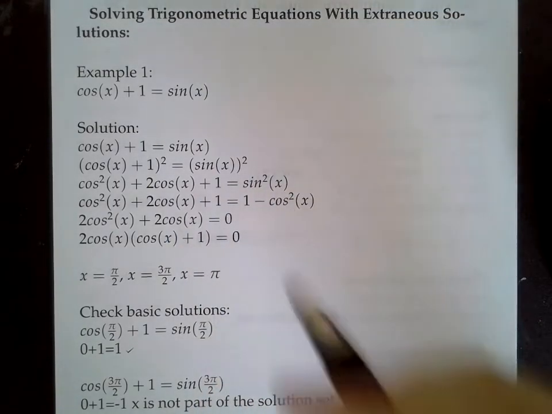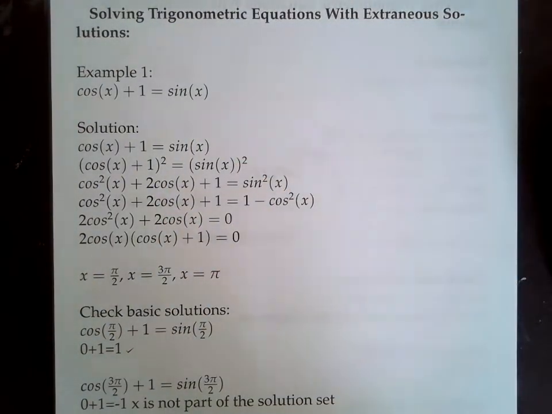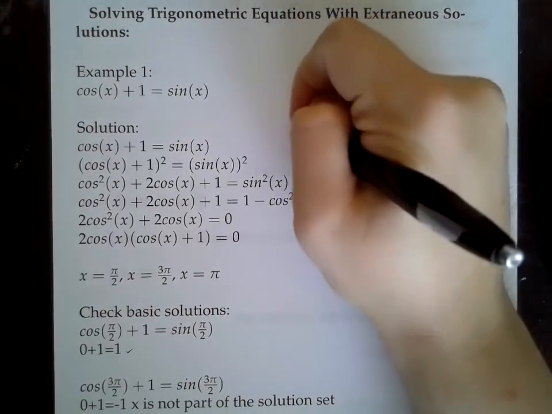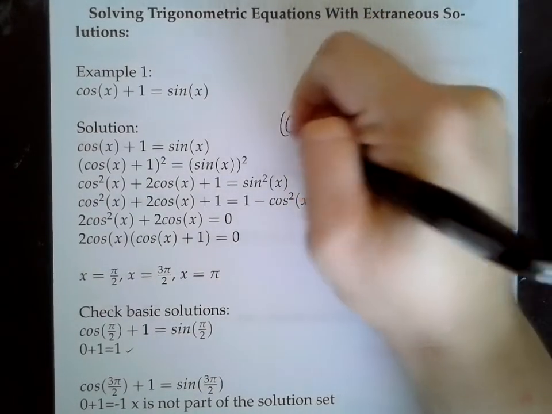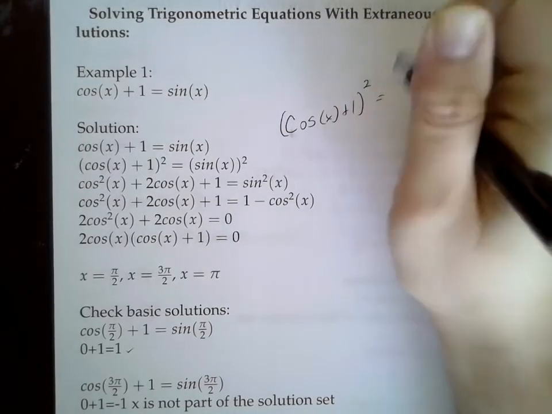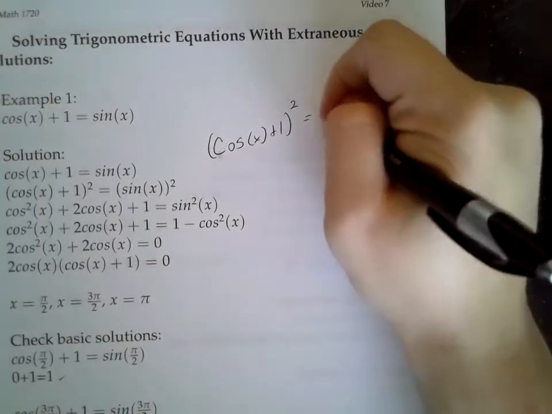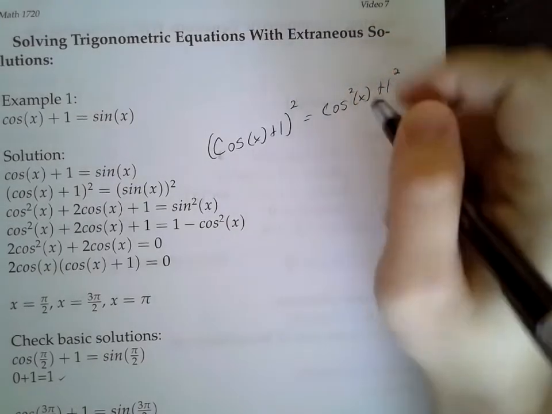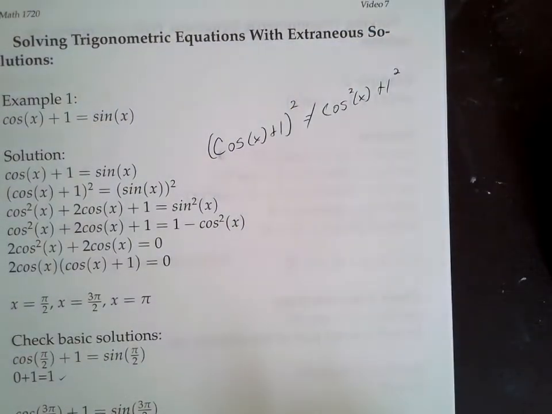Now, be careful here. I know that you have already taken an algebra class and you probably don't need this, but there are so many people that still evidently don't use their parentheses correctly. They think that cosine of x plus 1, squared, is going to be equal to cosine squared of x plus 1 squared, and this is not true.